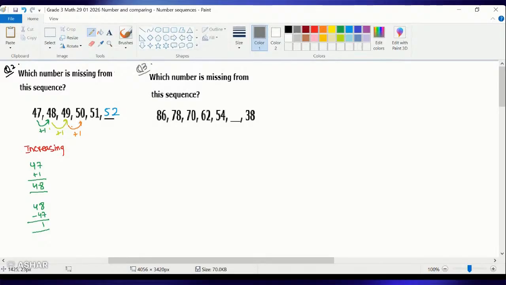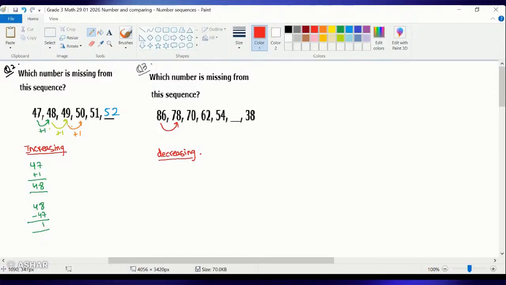Because we would know whether the number is being decreased or increasing. So we go from 86 to 78. That means the number has been reduced. That means this is a decreasing sequence. Agreed?